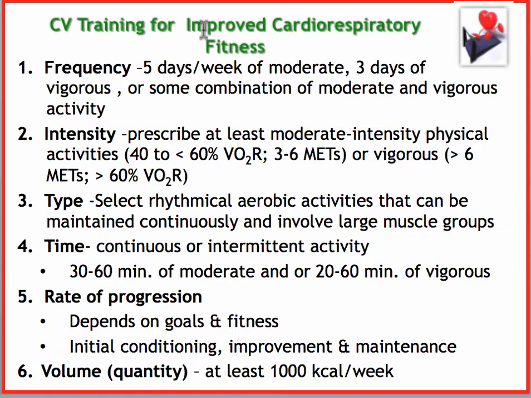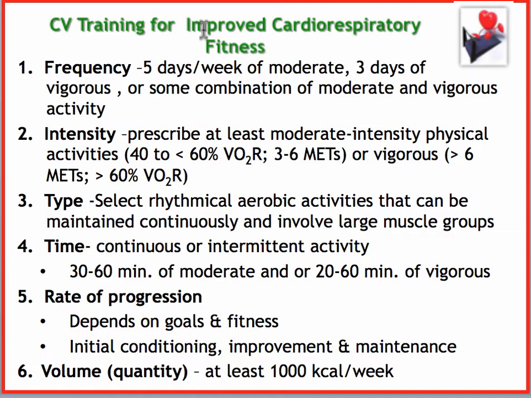And so 40 to 60% of VO2 reserve, or 3 to 6 METs, and that's moderate intensity activity, or vigorous intensity activity, and that's greater than 6 METs, or greater than 60% of the VO2 reserve. And when you progress the activity, you'll have to think about intensity and how intensity plays into that progression.